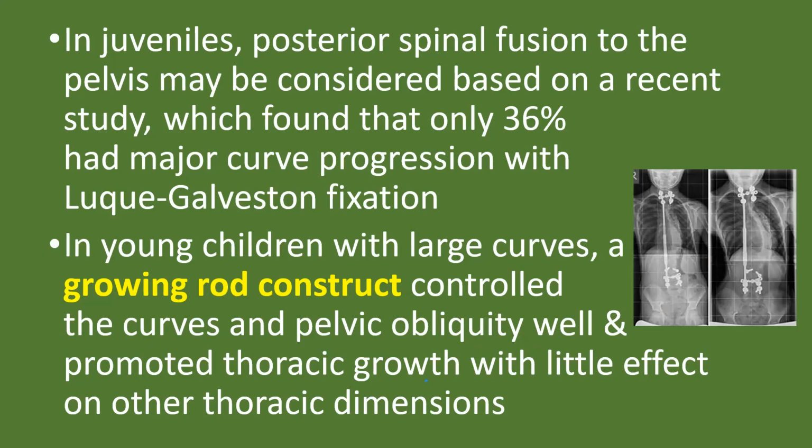In young children with large curves, a growing rod construct controlled the curves and pelvic obliquity well and promoted thoracic growth with little effect on other thoracic dimensions.